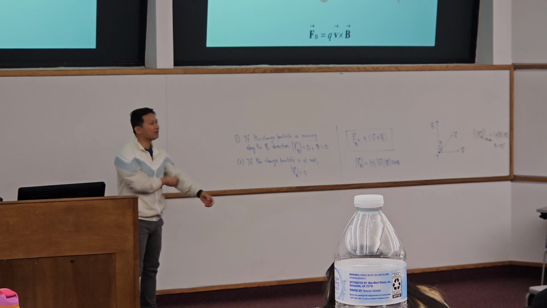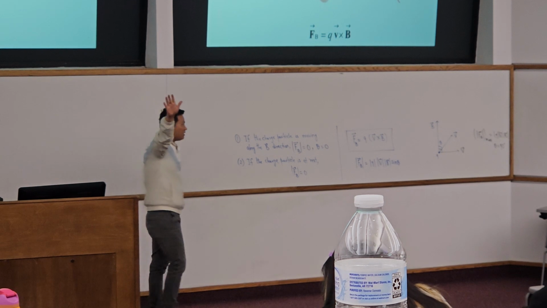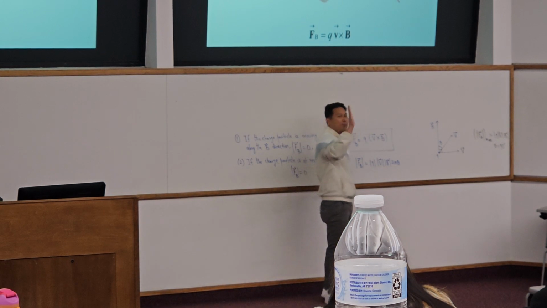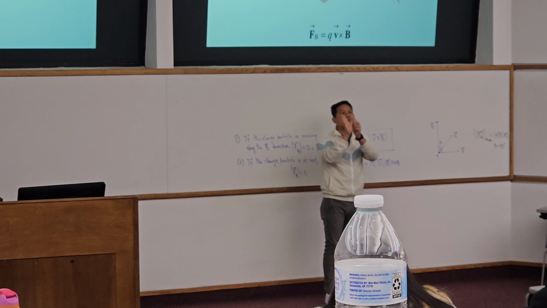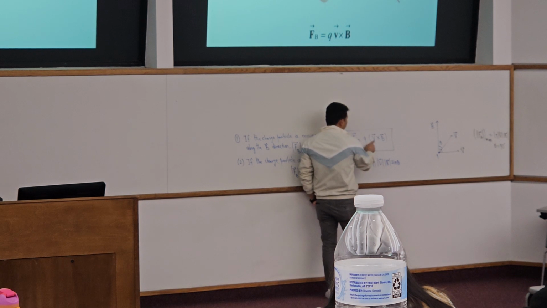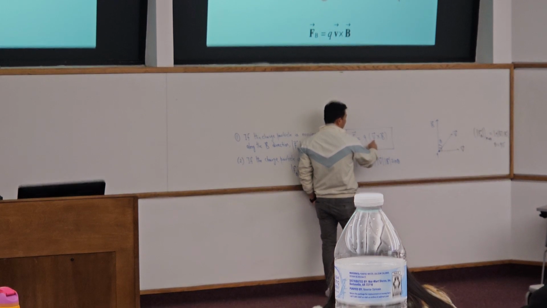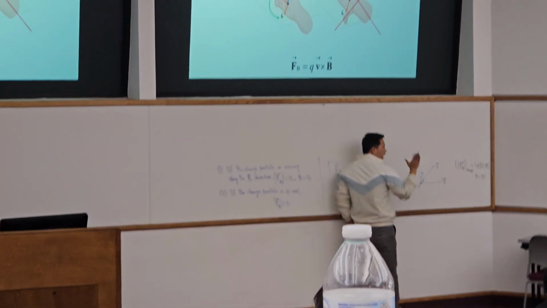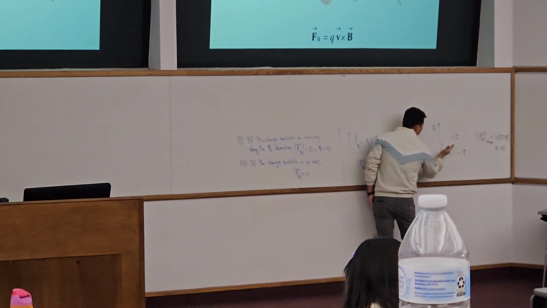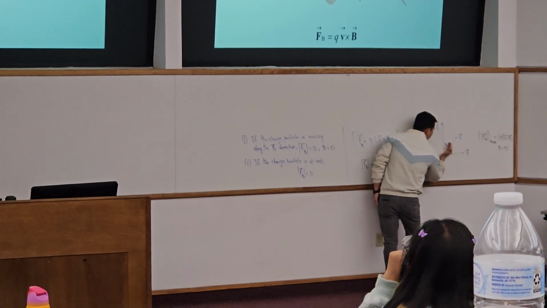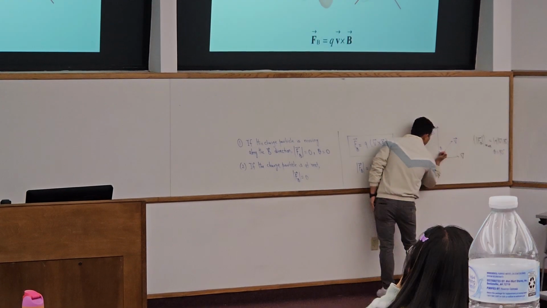You take your right hand and go to the first vector. You have 4 fingers and a thumb. In the formula, identify the first vector, which is V, and the second vector. Align your 4 fingers along the first vector, and curl your fingers toward the second vector like this.